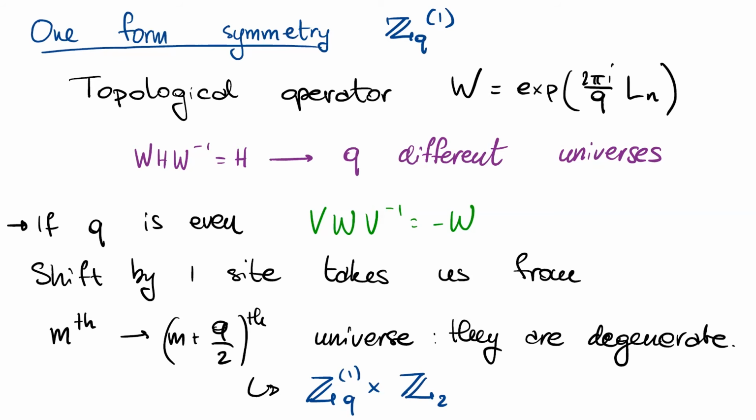So I'm moving to a different universe, but since V commutes with the Hamiltonian, I'm not changing the energy of the state. So these two universes will be exactly degenerate, and this is this Z2.